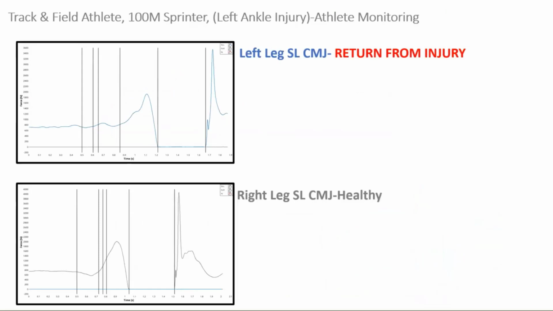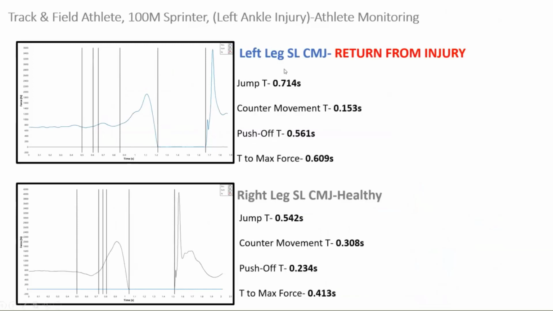Now, this is a track athlete coming off a left ankle injury. Now this is athlete monitoring. So what we found here in the single leg counter movement jump is on the injured side, the left side. It's a track athlete that competes in sub 10 competition, so under 10 seconds for a 100-meter dash.